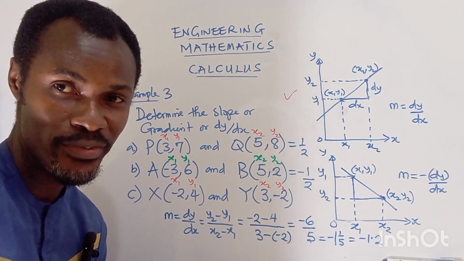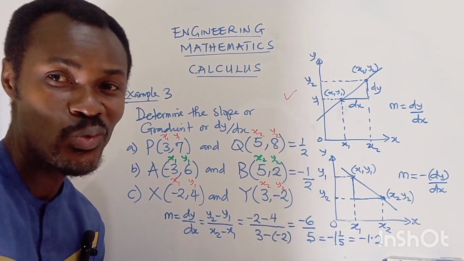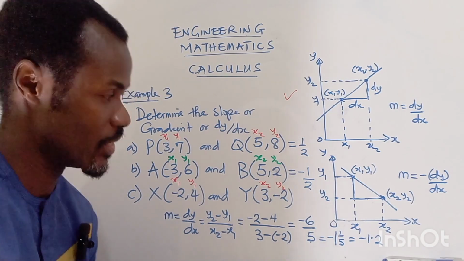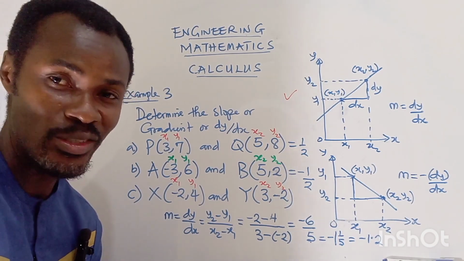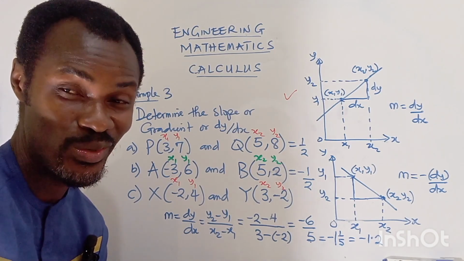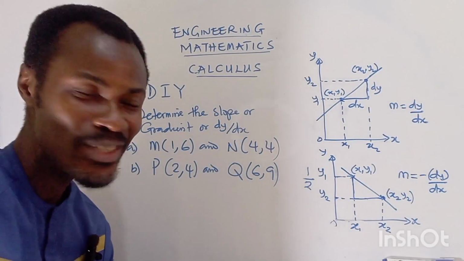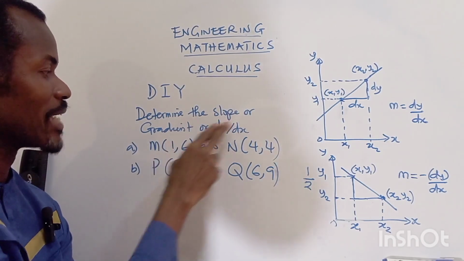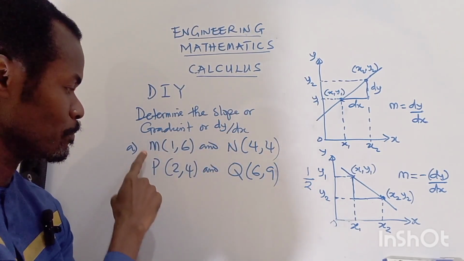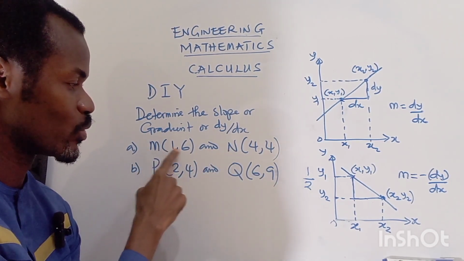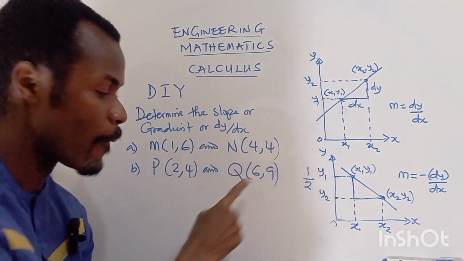All right, guys, I will give us just two take-home problems that you have to do yourself. Let me drop them for you to attempt in this series. Determine the slope or the gradient of point M and point N. Point M has the points 1 and 6, and N has 4.